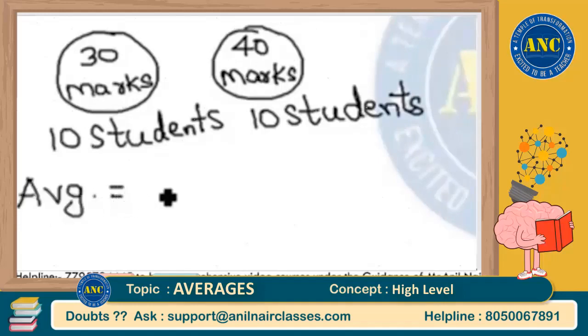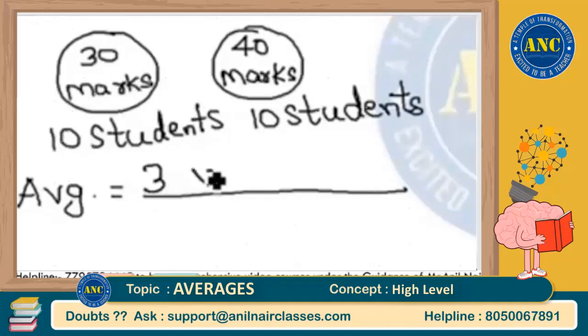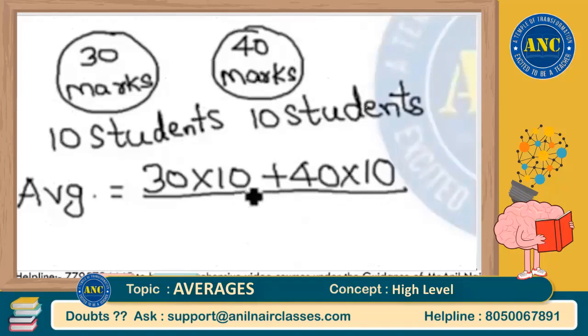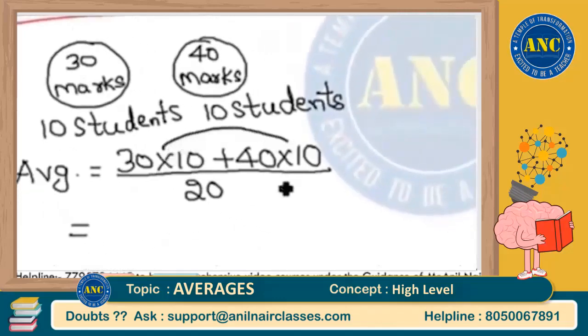Usually how will we do it? 30 marks is the average of section A and there are 10 students, so it is 30 into 10 plus 40 into 10 for section B, divided by the total number of quantities, 10 plus 10, 20. If I simplify, 300 plus 400 is 700 by 20. 700 by 20 is 35.